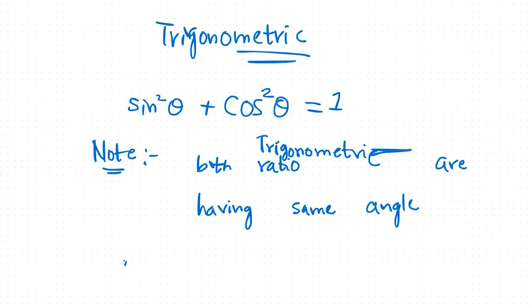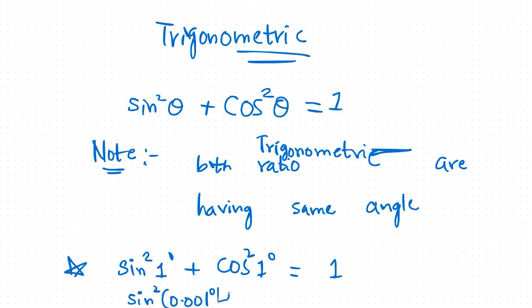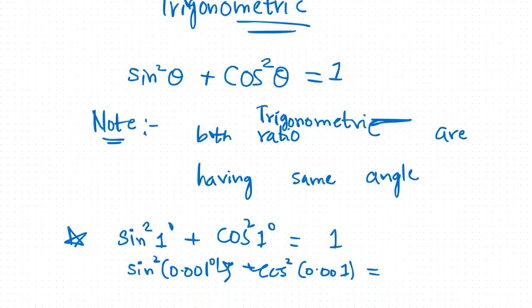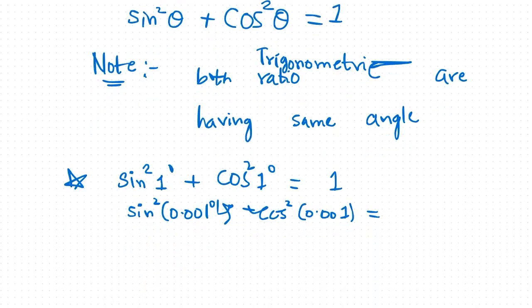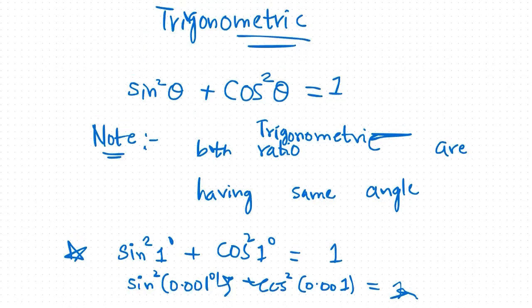So if I ask you randomly, sine square 1 degree plus cos square 1 degree, this value will be equal to 1. What about sine square 0.001 degree plus cos square 0.001 degree? This will still be 1, right? Still 1 because the angles are the same. So sine square theta plus cos square theta is 1. That is the significance which people often miss.